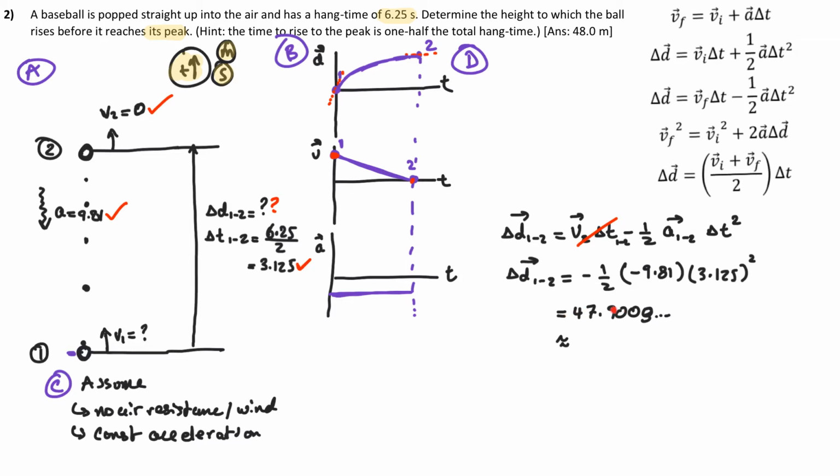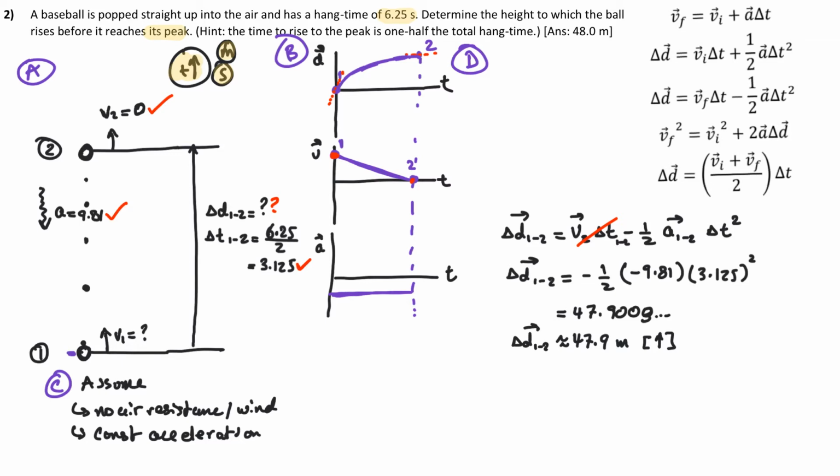So this needs to have the least, which is 3, so I'm going to round this to 47.9 meters, and that's in the upward direction. That's consistent with my positive sign convention, and I'll write that as displacement from 1 to 2.